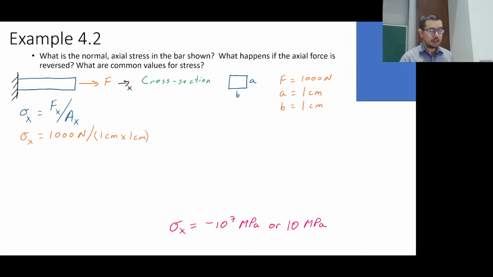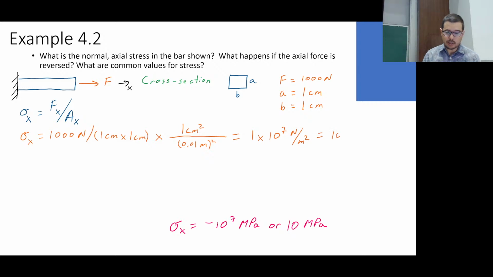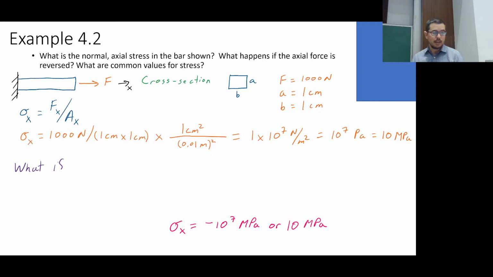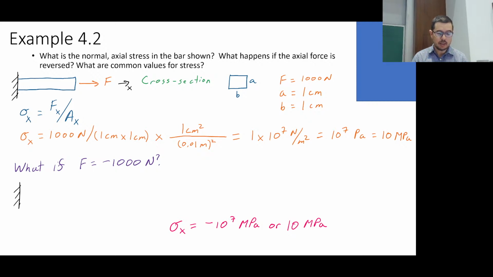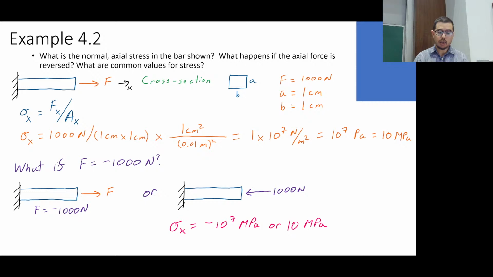We do a dimensional analysis, and we say it's 10 to the 7th pascals, and that's equal to 10 megapascals. And if we do the opposite direction, if it's a negative 1,000, then the sigma x is going to be the negative of what we just had. Okay. Any questions on this?